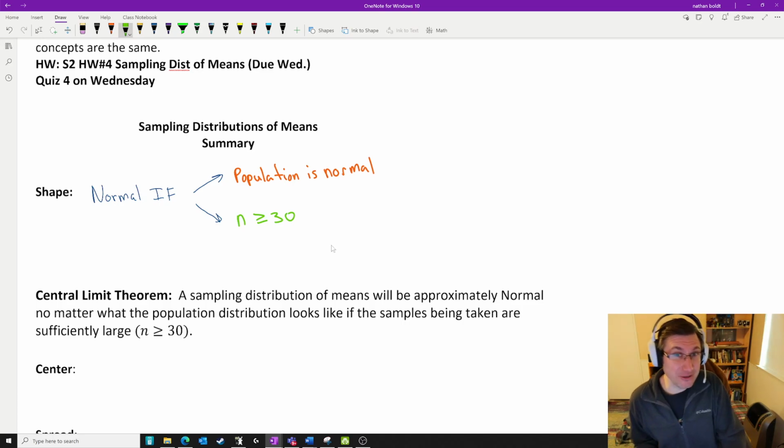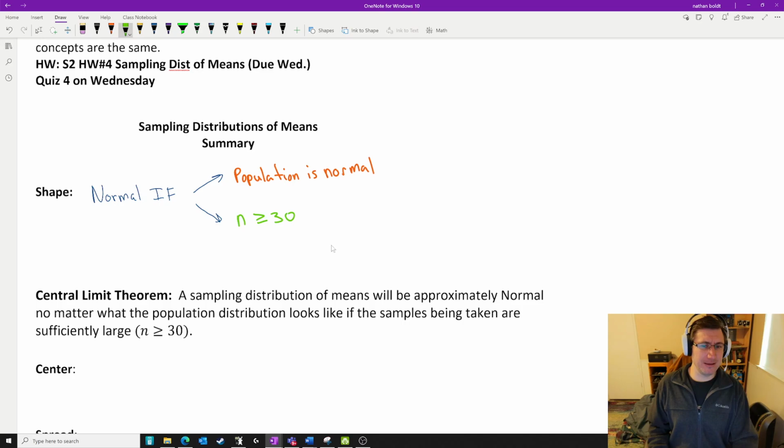That idea, though, is kind of groundbreaking, that even if your population is skewed, you still get a normal distribution, even if it's bimodal, even if it's completely some random distribution. If I take 30 or more in a sample, the sampling distribution of averages will be normal.